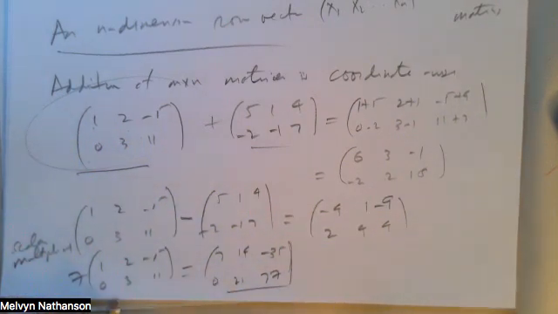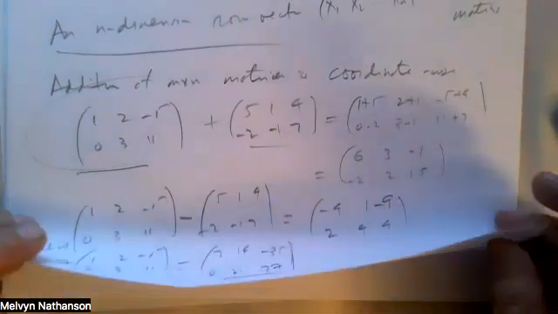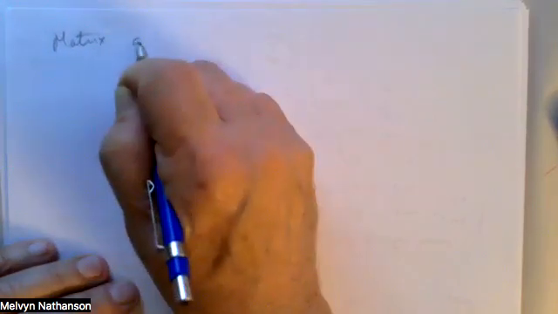So we can add matrices of the same shape. We cannot add matrices of a different shape. And matrix addition and scalar multiplication satisfy all the properties you want addition to satisfy. So, matrix addition, only adding matrices of the same shape.